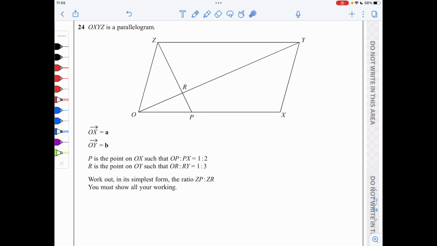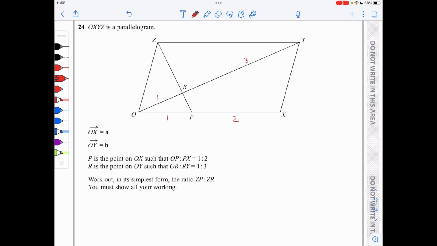In 24, we're looking at the parallelogram where OX is the vector A and OY is the vector B. We know that P is the point such that OP to PX is 1 to 2, and R is the point such that OR to RY is 1 to 3. I like to put the ratios there.